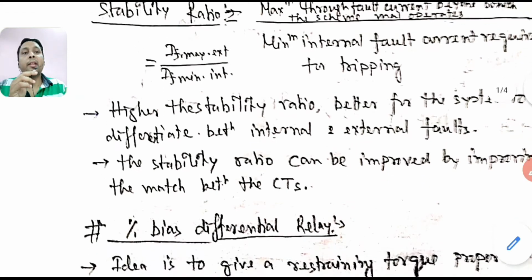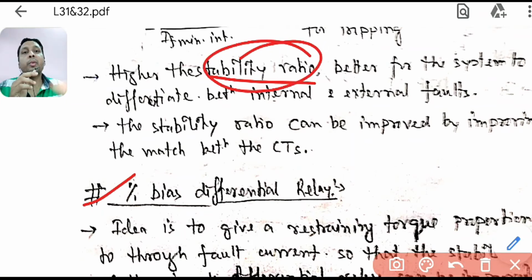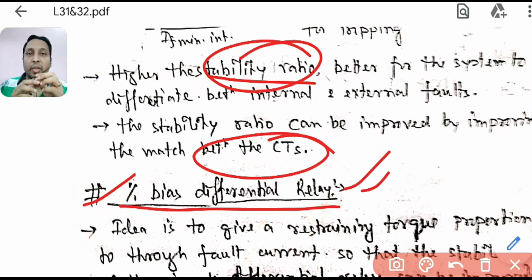Now there is another way of improving your stability ratio. One was matching between the CTs, but it is not possible, as I was discussing. So the other idea is the percentage bias differential relay. The idea is simple: to give some sort of restraining torque that is holding up the relay. This torque will not operate, it will hold up, it will act in reverse to your operating torque.